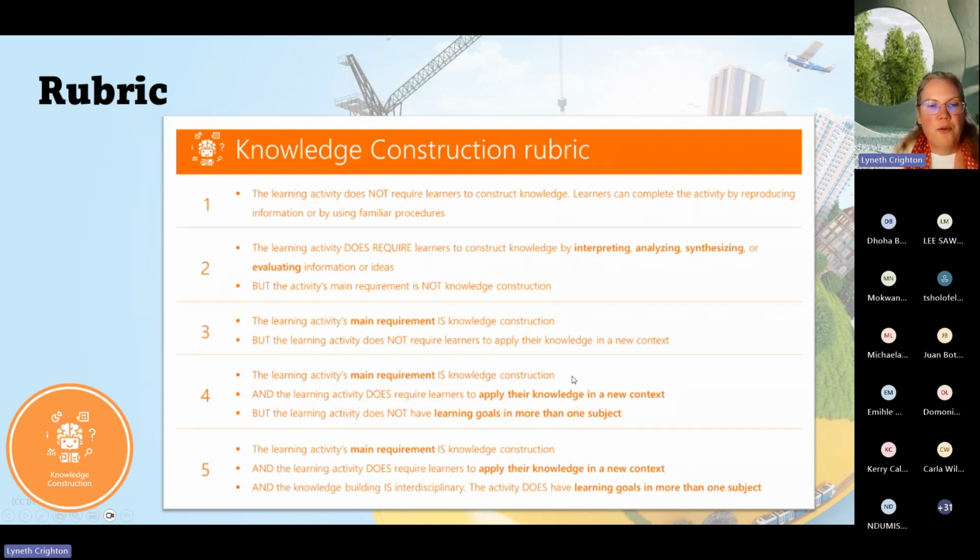And then for level 4, the learning activity's main requirement is knowledge construction, and it does require them to apply their knowledge, but it does not have learning goals in more than one subject. And then obviously, lastly, it does have learning goals in more than one subject. So it is a 5-level rubric. You can score 1 to 5 in knowledge construction.